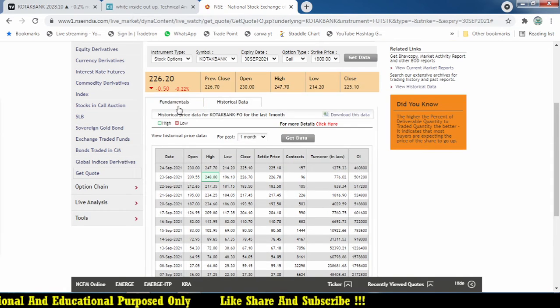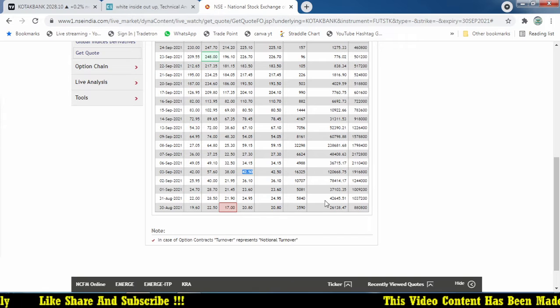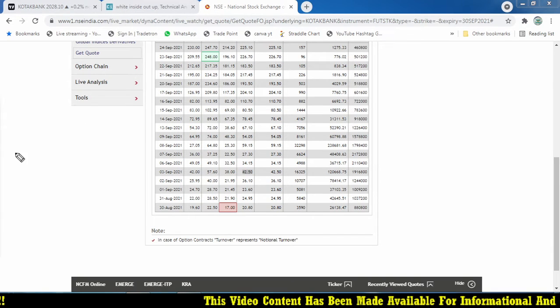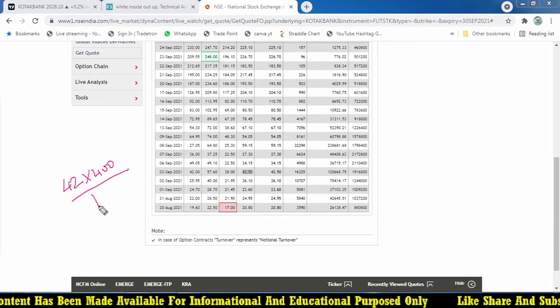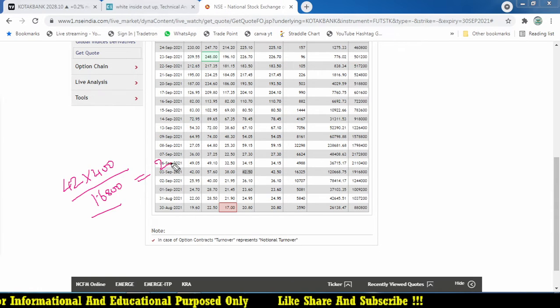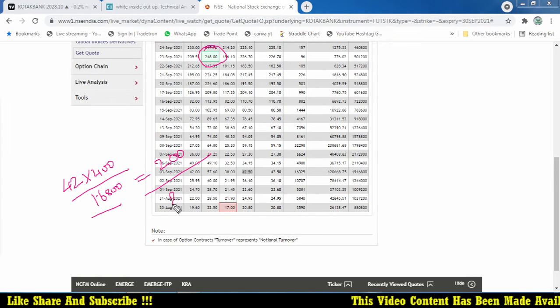So the lot size of the stock is around 400. If I take a trade for this stock, somewhere 42 into 400, right? 42 into 400, that is my investment. So almost 17,000, 16,800 is my total investment. But the stock's max move is 250, 248. So let's calculate 200, somewhere around 80,000.